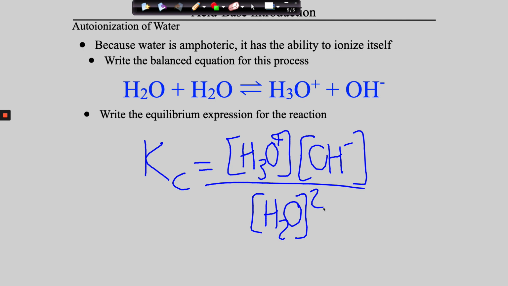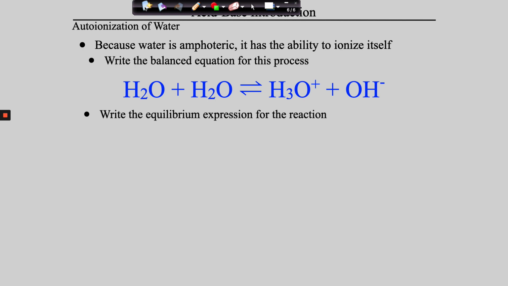Is that okay? But now, guys, we've got a problem. If you look down, you already know the answer, but if you didn't, can you reason through why this is wrong? Water does not have a molarity. Guys, this is a pure liquid, and consequently, it does not belong in the expression. This then leads us to this expression.